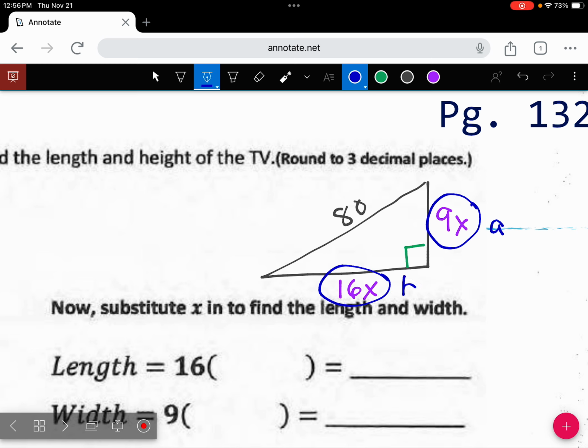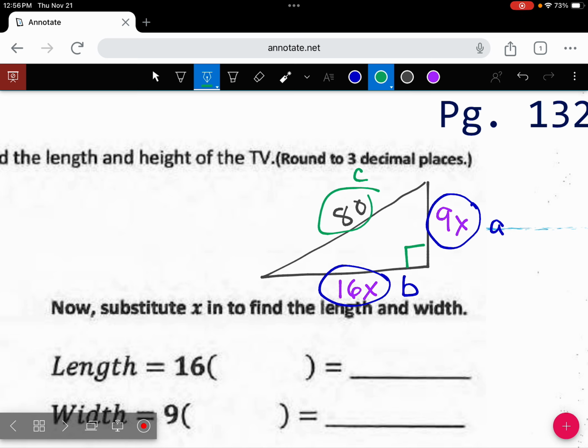This side is the B. And this side is the C. Which one's A and which one's B genuinely does not matter. C does. C is going to be the 80. It's always going to be the hypotenuse. Which leg is which doesn't really matter.